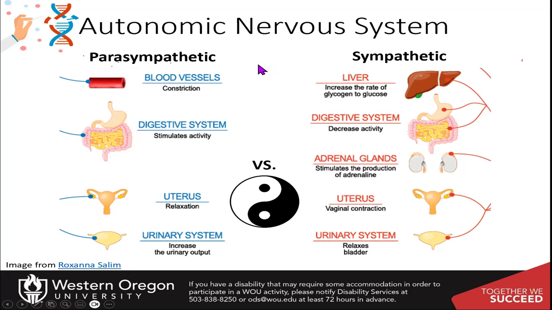You have these two paired, complementary and opposing systems, right? They complement each other. You can't have one without having the other, and they're going to help each other balance, right? You've got the parasympathetic side and you've got the sympathetic side, and you need both of them in a balanced way to have optimal health.